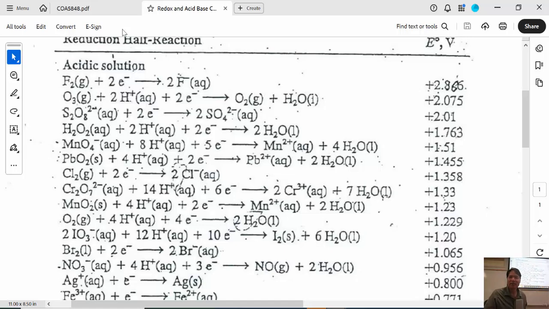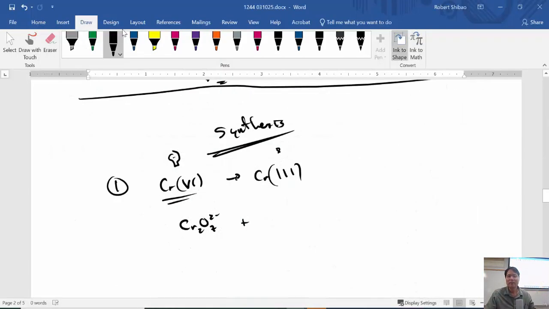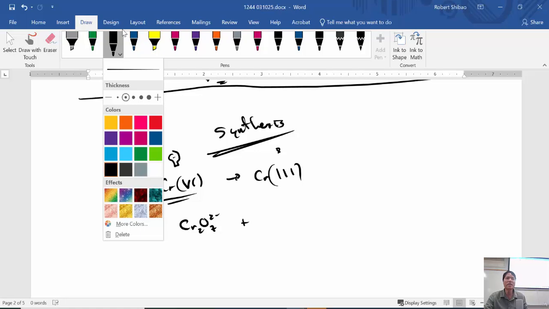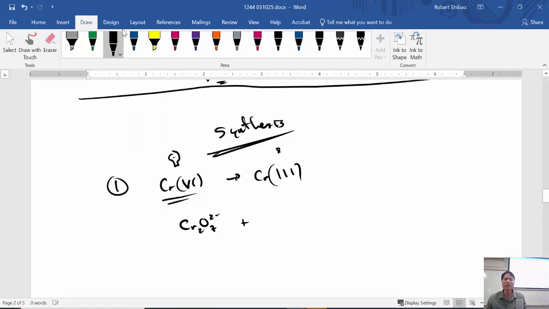In fact, the reducing agent, we want a weak reducing agent, and the reducing agent we're going to use has a secondary purpose, and so this is why we're going to use it. We're going to use oxalate ion, and we have two sources of oxalate. We can use oxalic acid or we could use potassium oxalate.